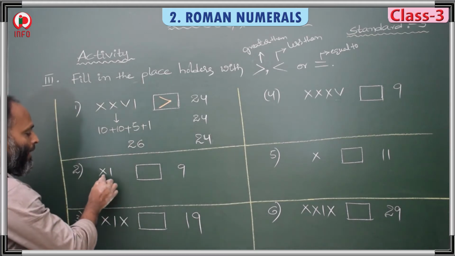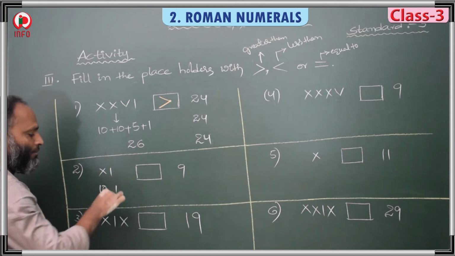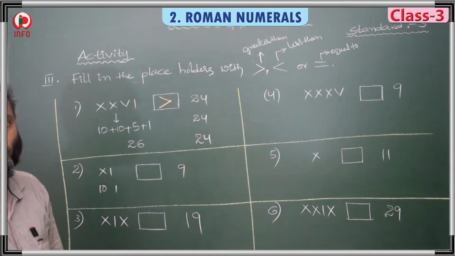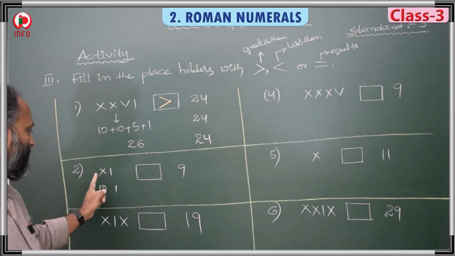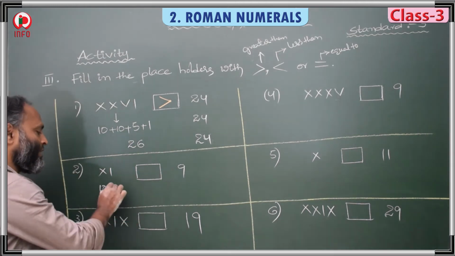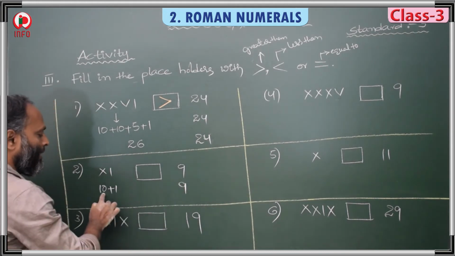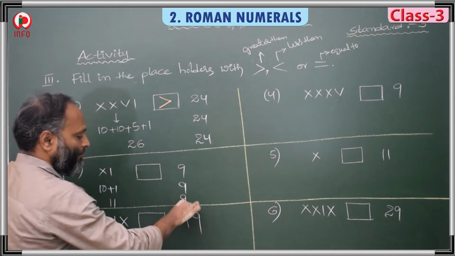Here X means 10 and I means 1. Here the bigger number is first, then after that the smaller number is there. So addition. This 9, take as it is. 10 plus 1, 11, and this 9.